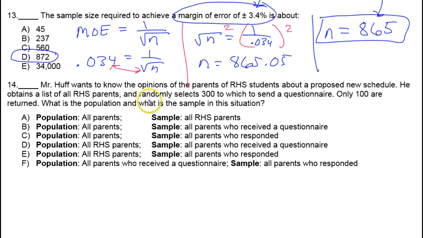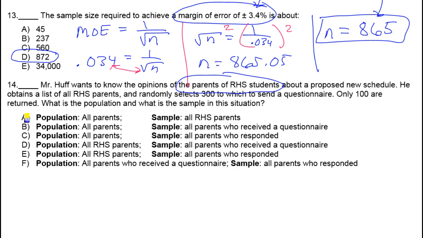Okay, so the population, that's who you care about, who you're interested in. Right at the beginning it says, Mr. Huff wants to know the opinions of the parents of RHS students. So right there, that eliminates some of the answers.